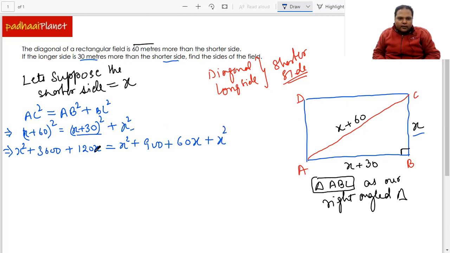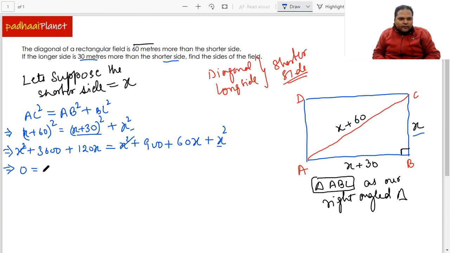The x square will get cancelled with this one, and we will now take the entire equation on one side. Everything goes from the left side to the right side, so this is 0.